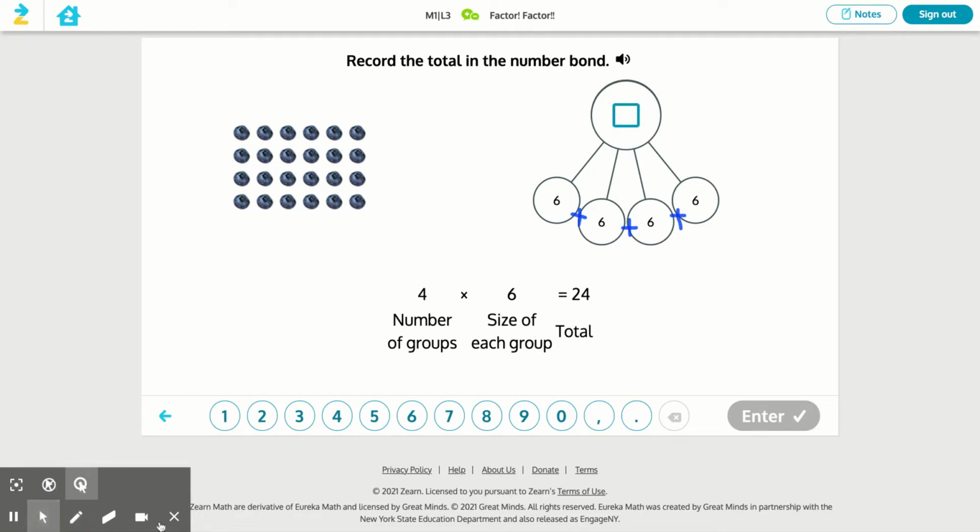Record that in your Nearpod at this time. Well, 6 plus 6 is 12, and 12 plus 6 is 18, and 18 plus 6 is 24. So you should have recorded the number 24 in the top of your number bond.